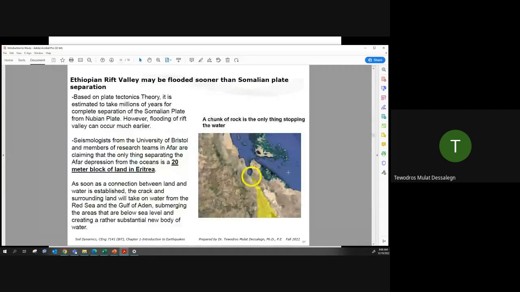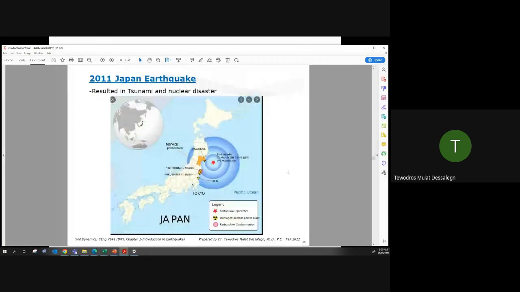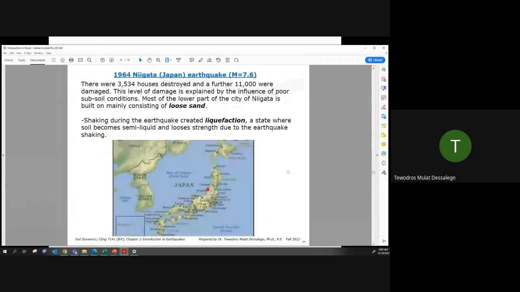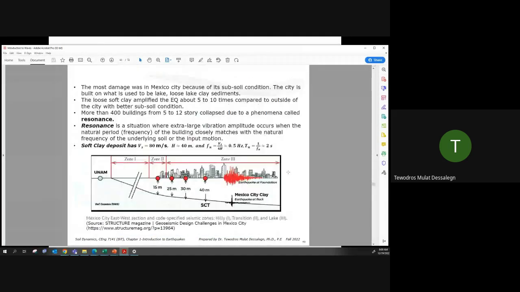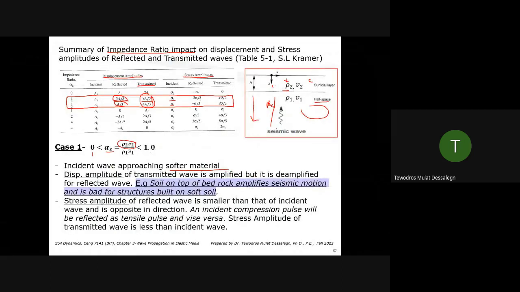Yep, it's right here, the Mexico City earthquake. This is rock. When it gets into a softer material, the motion is amplified a lot. The displacement, the acceleration, and the velocity are all amplified a lot. So it's bad for structures. When you have a softer soil underlain by a stronger soil, for the seismic case, it's bad.